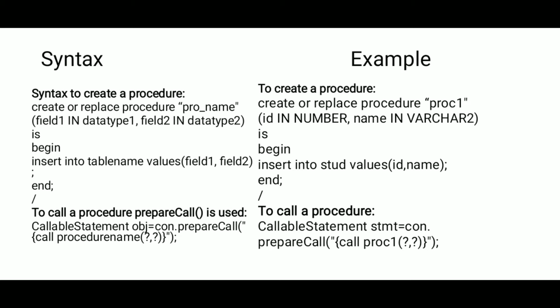So using the set method we can pass these parameters. Here we just put question marks as parameter values. So this is the basic example of how to create a procedure and how to call a procedure.